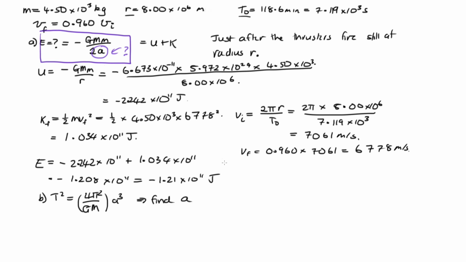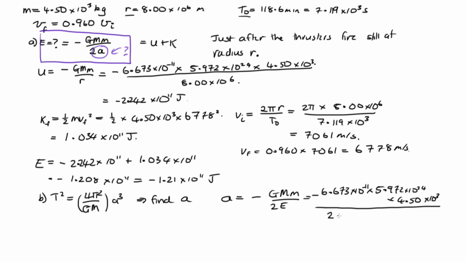So let's rearrange this equation in the purple box, and we can say A is equal to minus G mm over 2E, which is equal to minus 6.673 times 10 to the minus 11 times 5.972 times 10 to the 24 times 4.50 times 10 to the 3, all divided by 2 times minus 1.208 times 10 to the 11.